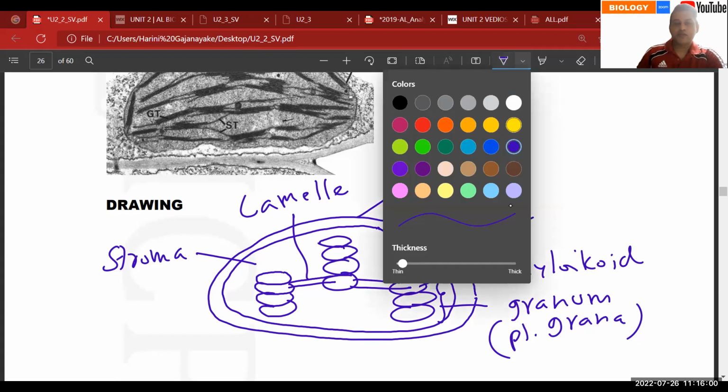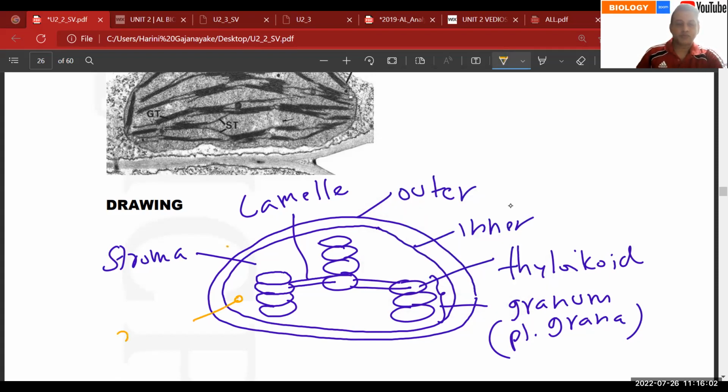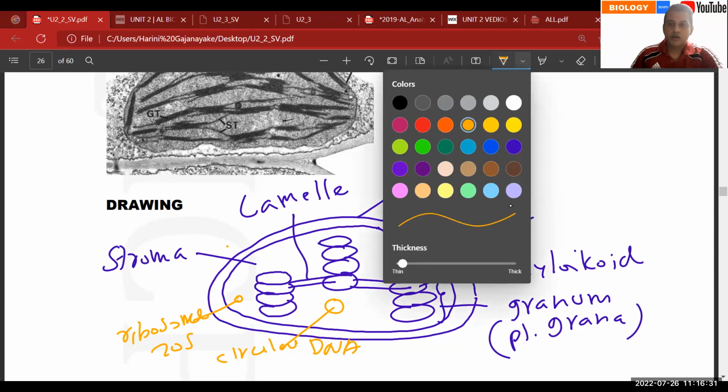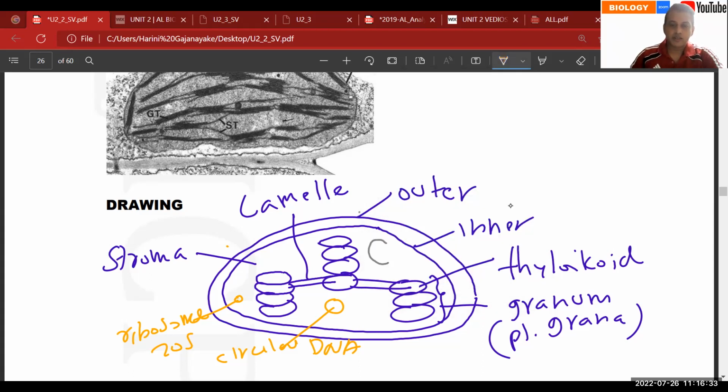Interestingly, we can find a ribosome with 70S and circular DNA molecules. So this again proves the concept of endosymbiotic theory. So the photosynthetic prokaryotes moved into the eukaryotic cells and it becomes a plant cell. We can also find a starch grain.